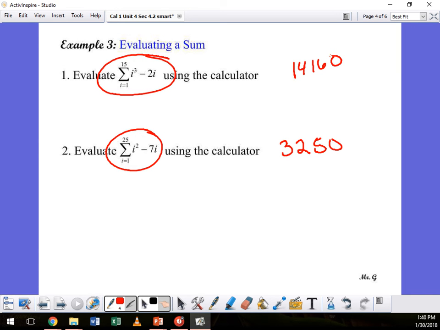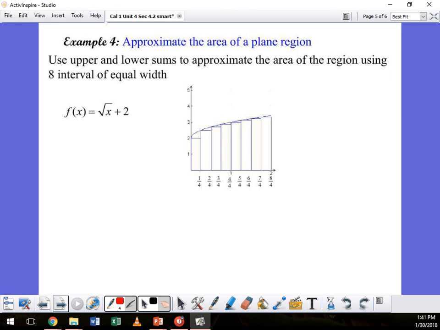And do you guys agree on this one? 3,250. That's what I got. I'm just making sure someone else is actually validating what you're doing. 25 on top equals 1 on the bottom, parentheses, i squared minus 7i. Yep, 3,250. Not bad, right? I got my calculator all greasy.